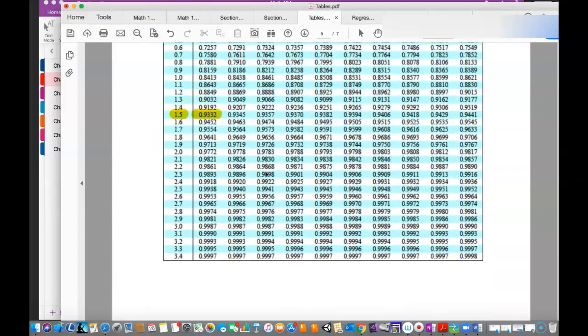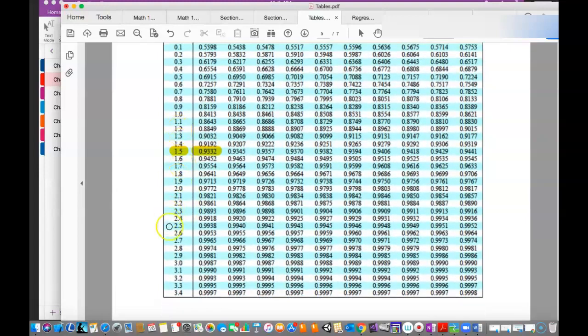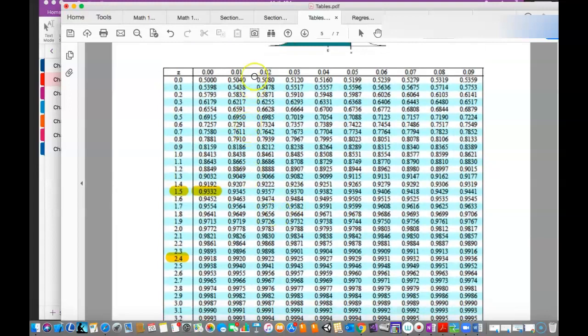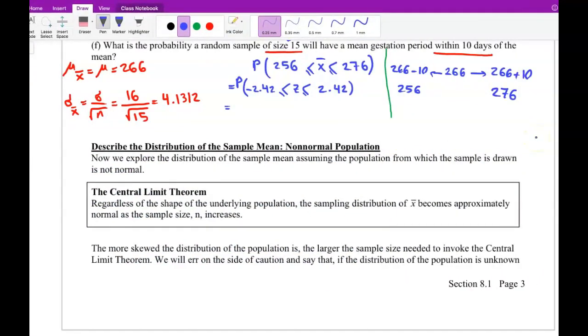And the other one is positive 2.42, so the area is 0.9922.